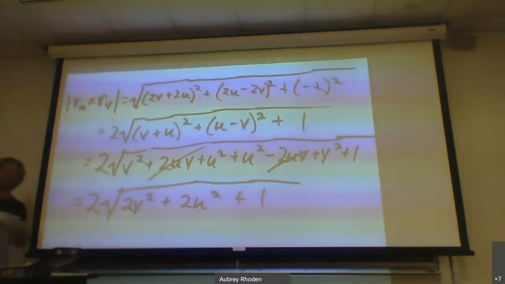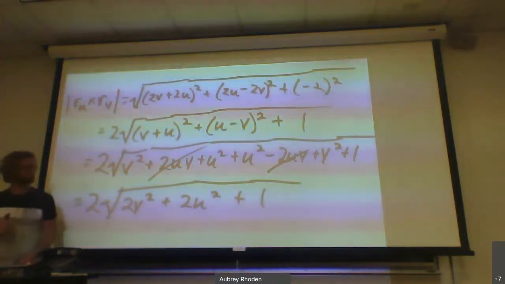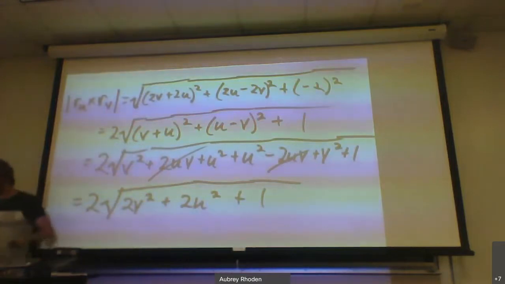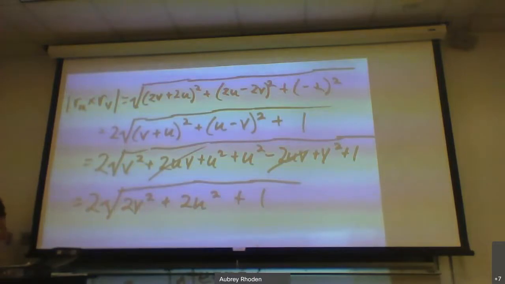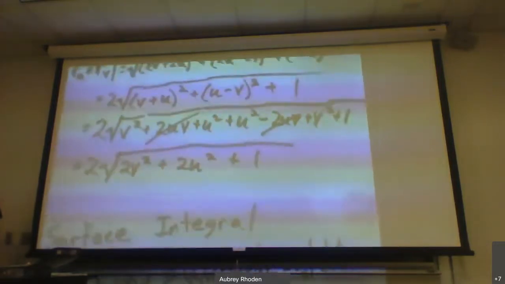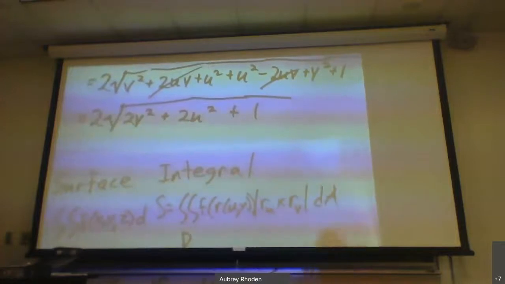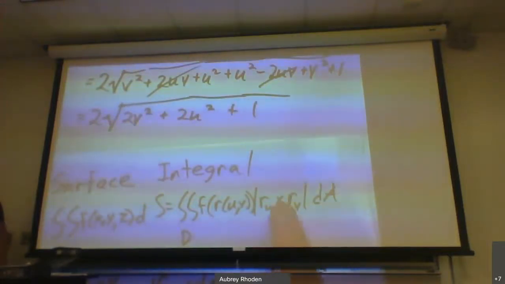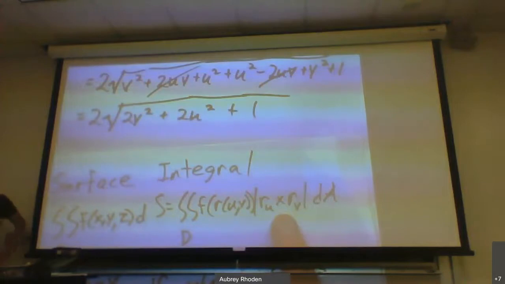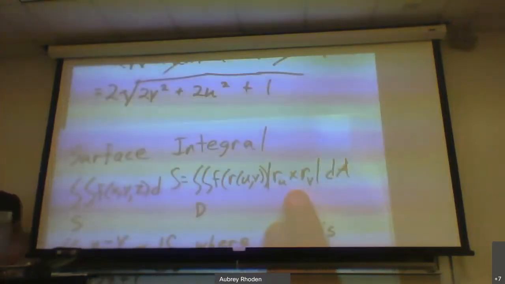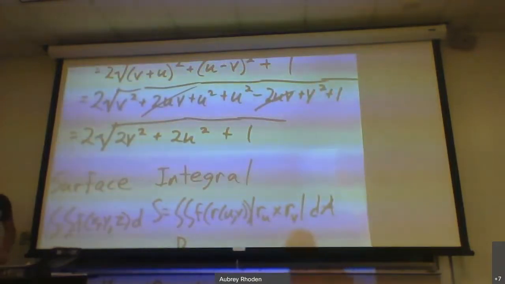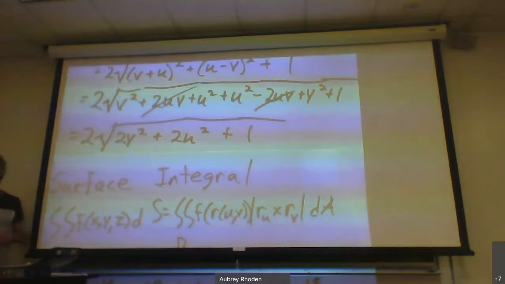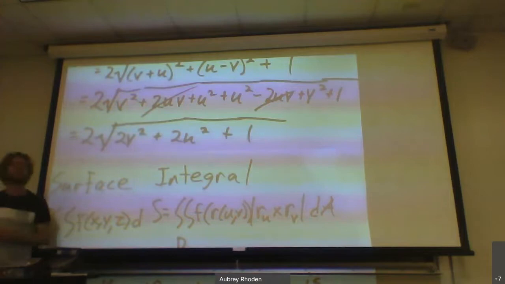Okay, so now we have the magnitude of RU cross RV. So that's the first thing that we got to do. We're looking for that guy. And so we found that component right there. So we found the magnitude of RU cross RV.